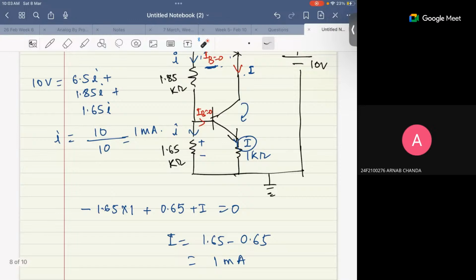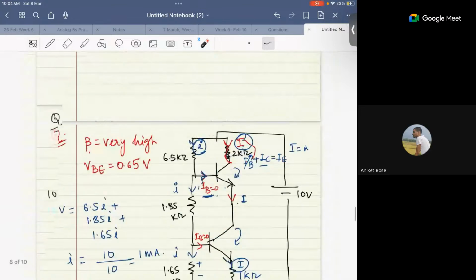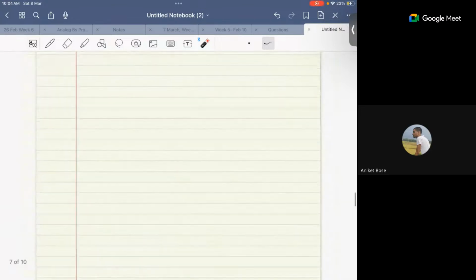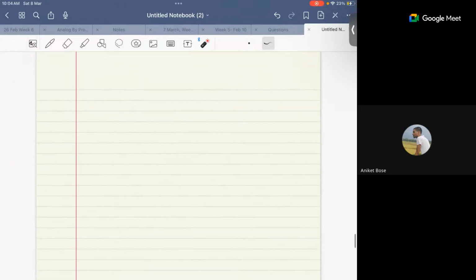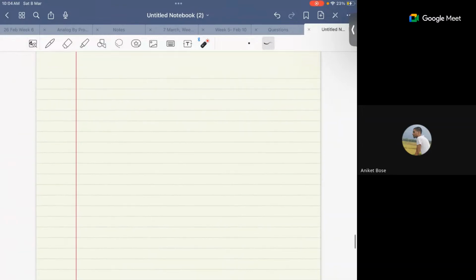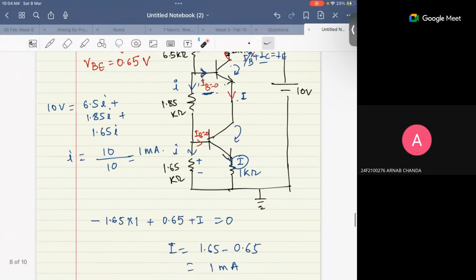Is it clear to everyone how this I came out to be 1 milliampere? Yes, sir. Clear to everyone? Okay. So, are you able to understand it or not? If we consider the right side vertical branch, can we use the same or not?